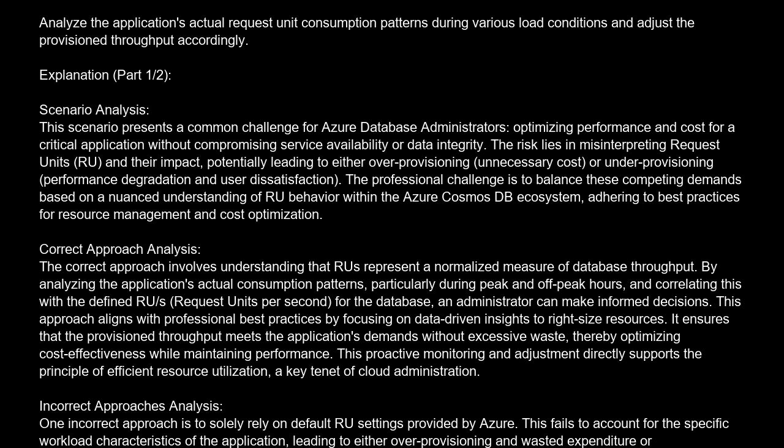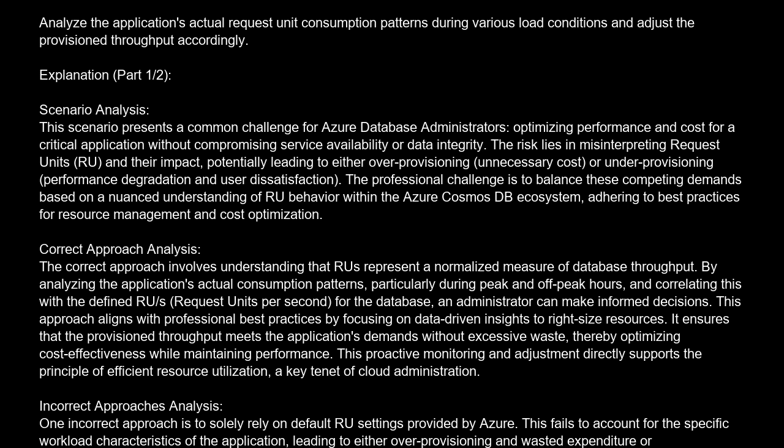Correct approach analysis. The correct approach involves understanding that RUs represent a normalized measure of database throughput. By analyzing the application's actual consumption patterns, particularly during peak and off-peak hours, and correlating this with the defined RU/s, request units per second, for the database, an administrator can make informed decisions.